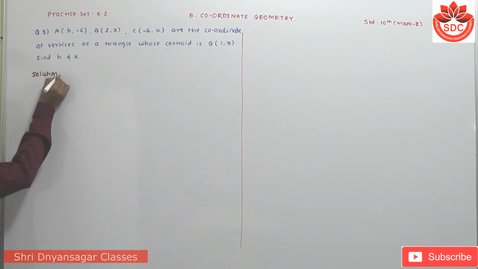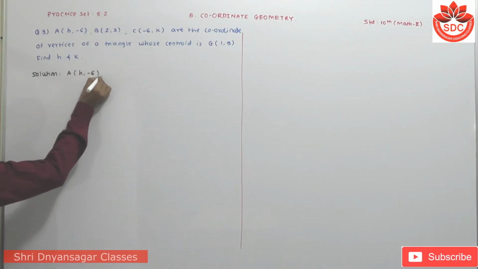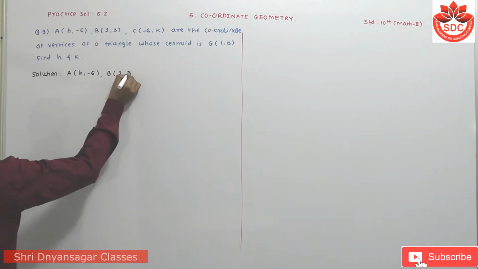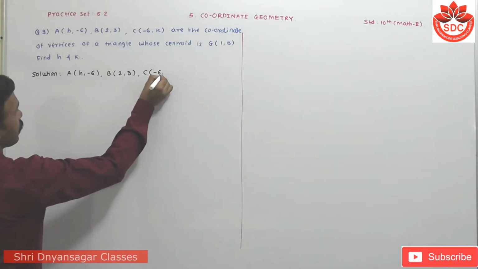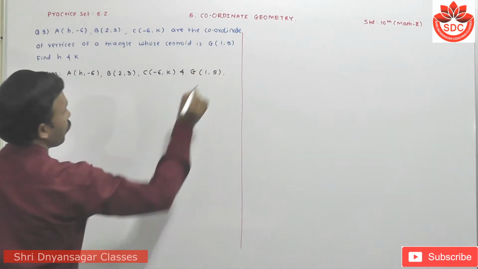So simple, students. Here the coordinates are given: A is (h, -6), B is (2, 3), C is (-6, k) and G is also given (1, 5).